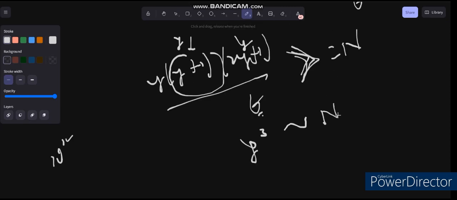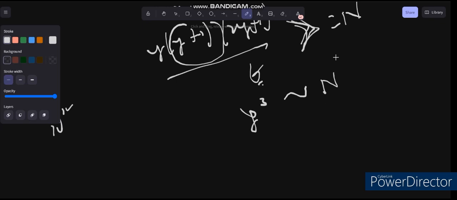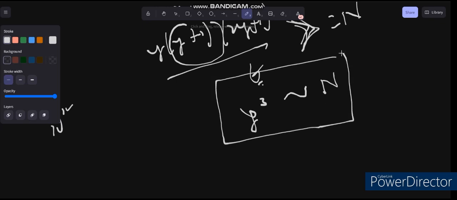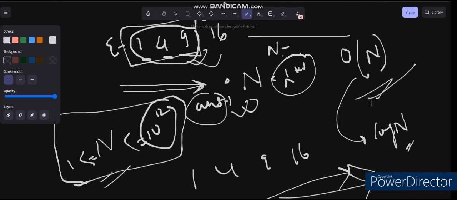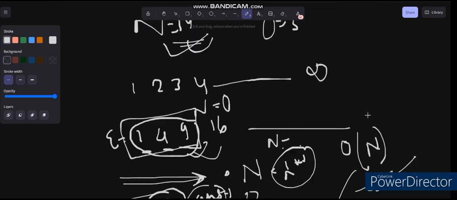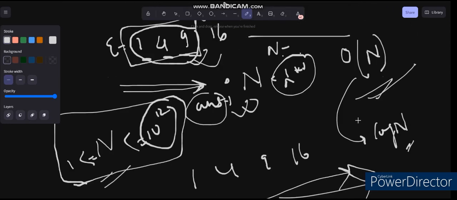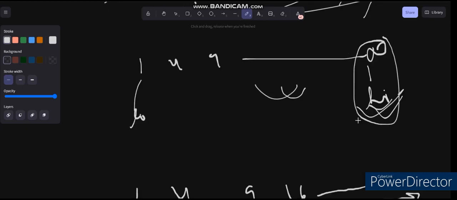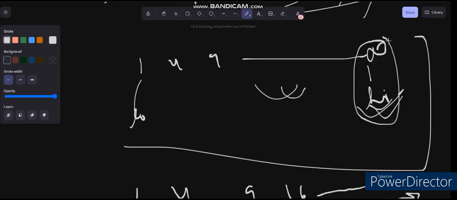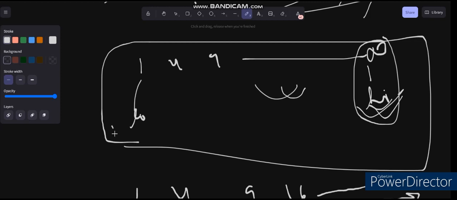What is our goal? Why are we doing this? We are trying to apply binary search here, right? We have taken low as 1, but we cannot take high as infinity.